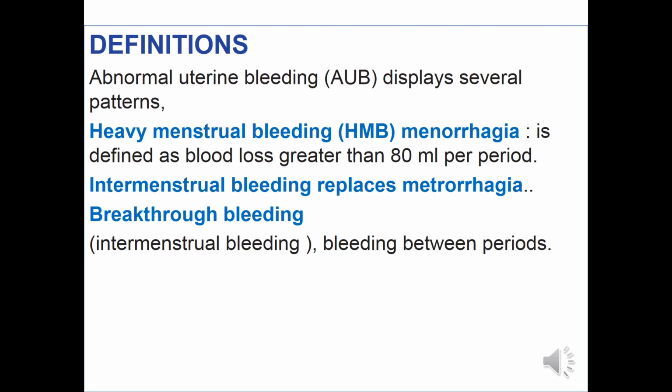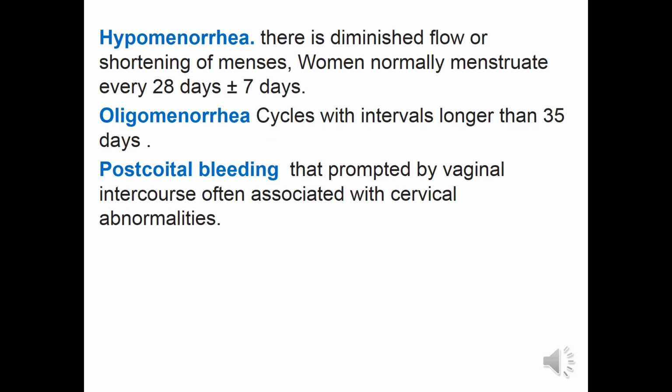Intermenstrual bleeding replaces metrorrhagia. Breakthrough bleeding is intermenstrual bleeding, bleeding between periods. Hypomenorrhea: there is diminished flow or shortening of menses.